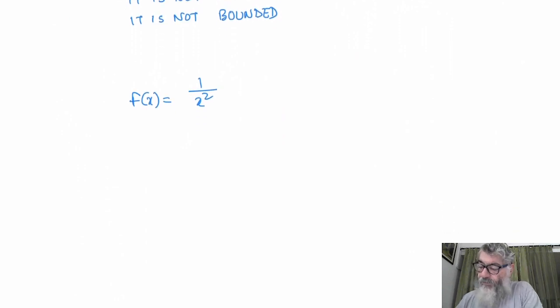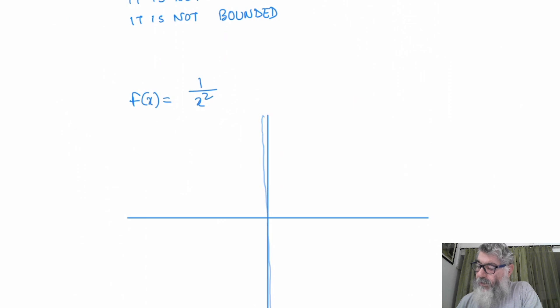Let me draw. I have got x-axis, x dash, o, y, y dash. Now this graph again, whatever values we give to x, even if I give negative values to x, the value of y will be positive only. Why will the value of y be positive? Because we are noticing that it is x square in the denominator.